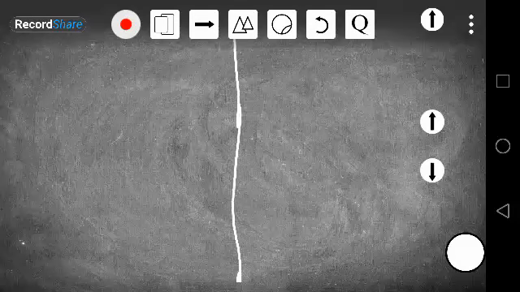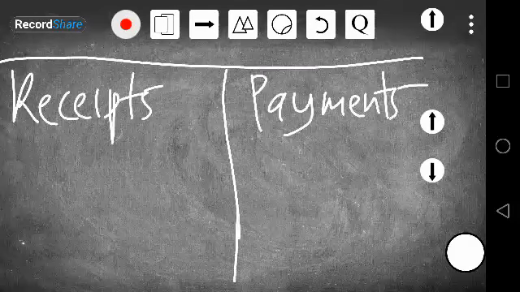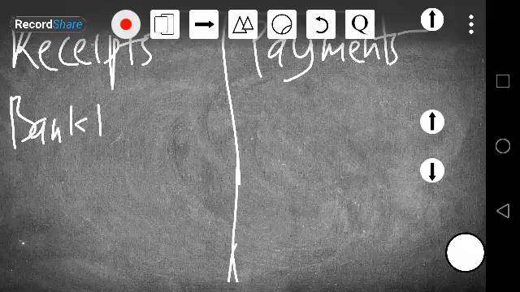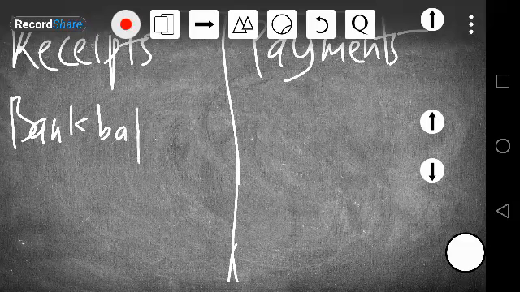Okay. With bank balance, this is the balance on the first, okay? That's 524. We have subscriptions received.